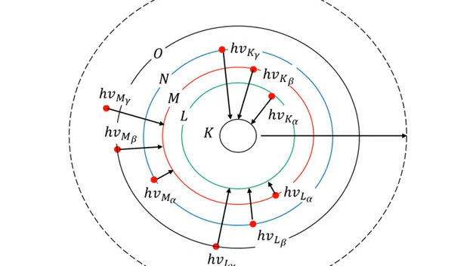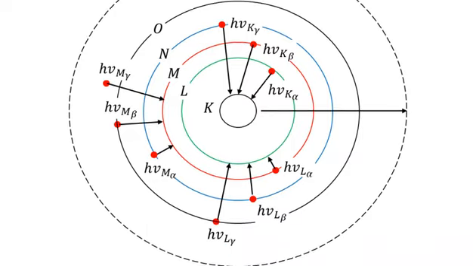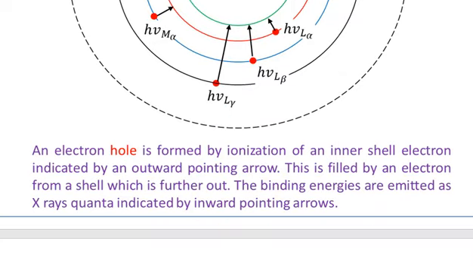Now, before I discuss this figure, let me read this paragraph first. An electron hole. Electron hole means that an electron has been removed from a place and a hole is created, which we refer to as the electron hole. An electron hole is formed by ionization of an inner shell electron, indicated by an outward pointing arrow.